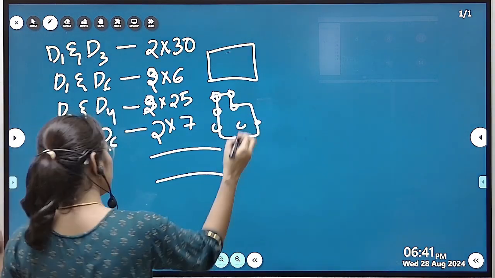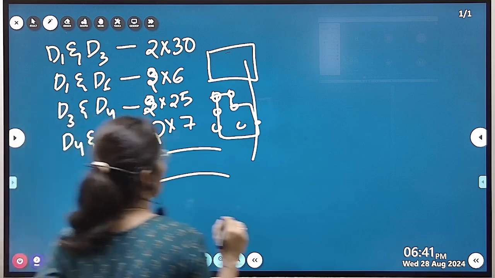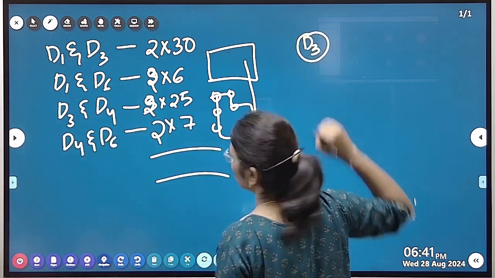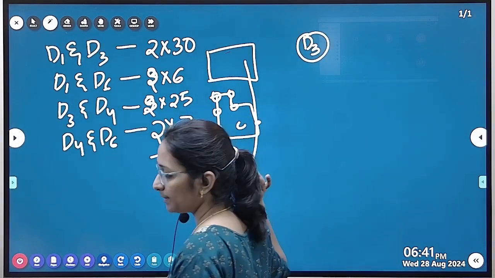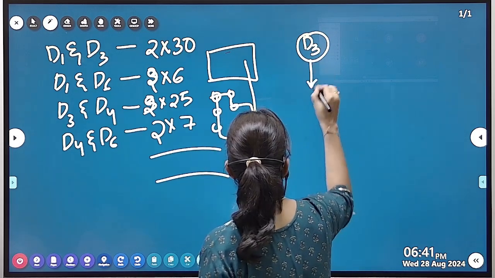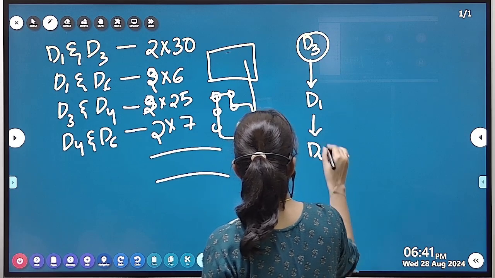Now tell me how they are taking. D3 first one. They are interchanging the departments. So tell me D3, D1, D4.